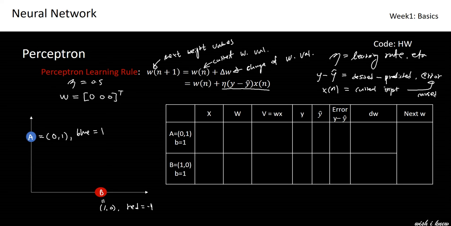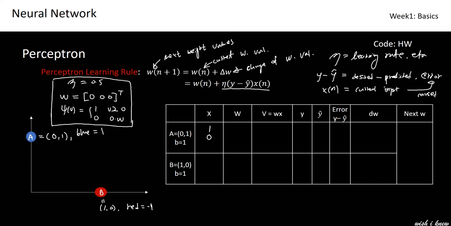And then let's also set the activation as before, 1 if v is larger than or equal to 0, and 0 otherwise. So our input with bias is going to be 1, 0, 1, and our weight vector is going to be just 0, 0, 0.